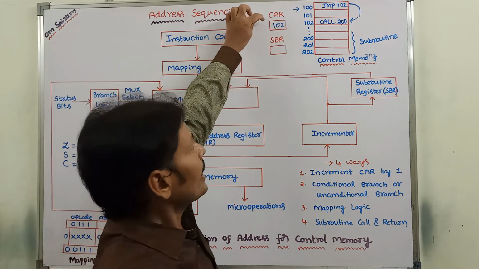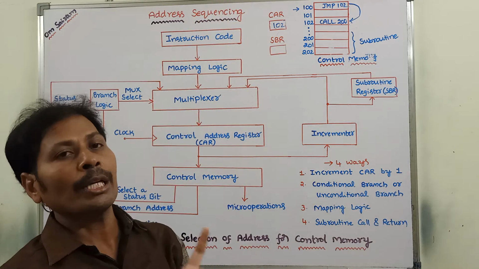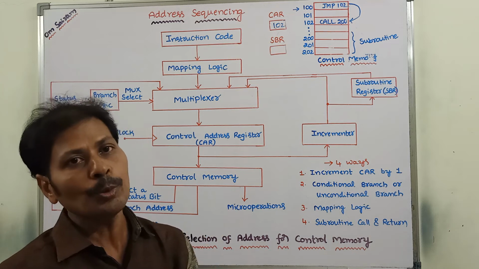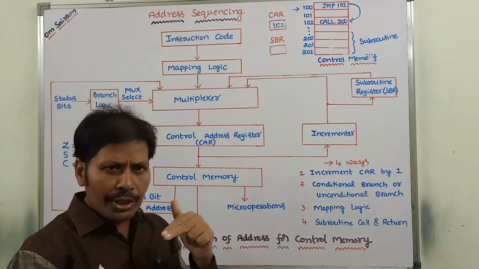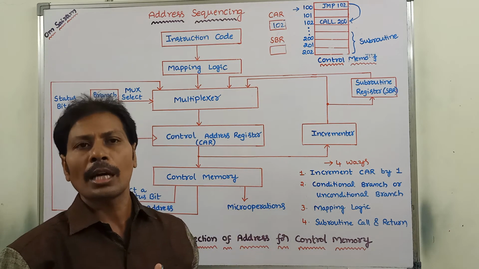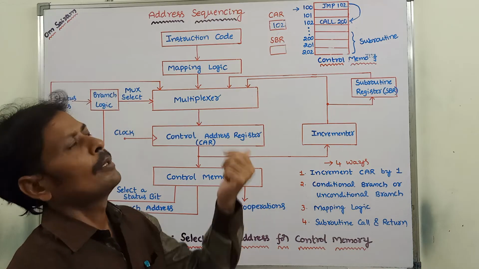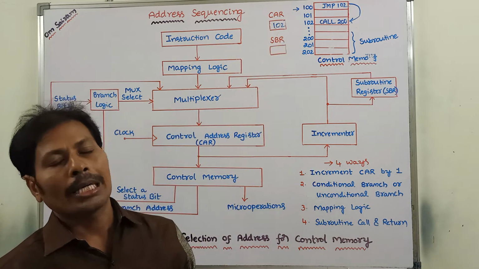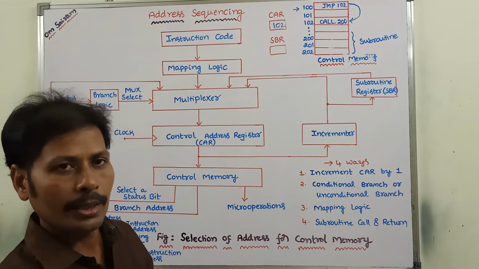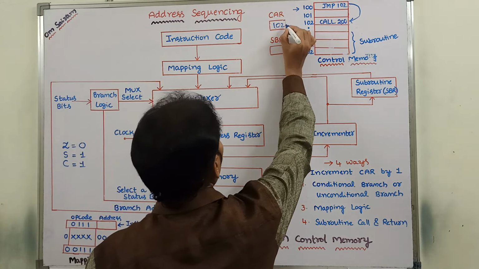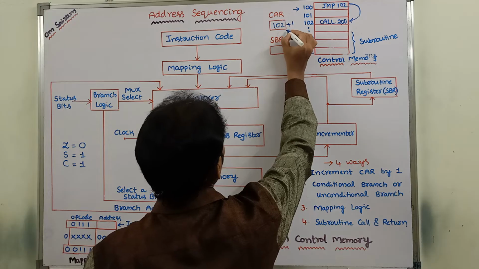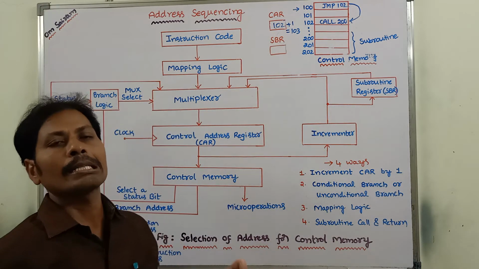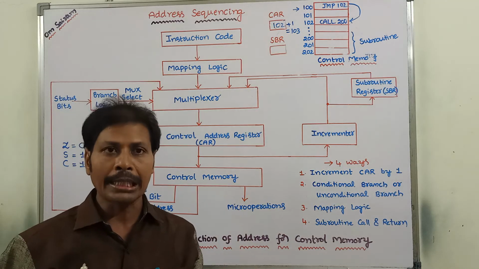While executing the current micro instruction present at 102, what is the next micro instruction to be executed? Simply we have to increment the content of the control address register by 1. So 102 plus 1 is equal to 103. This 103 is called the return address.